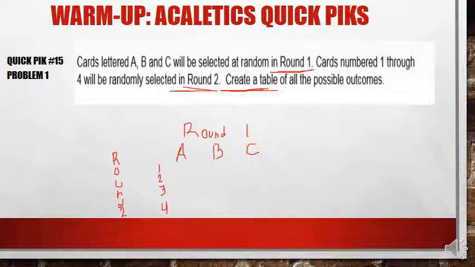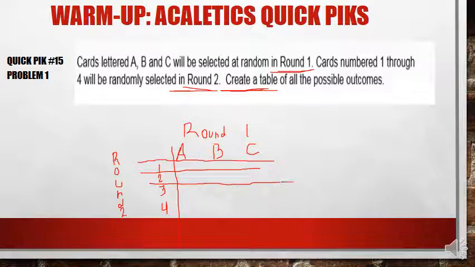All we need to do is create a table. So let's go ahead and create our table. I'm going to put divisions going across, and then also going vertically. Hopefully you can see this and get what I'm trying to do. When you're writing it down, it's a lot easier.